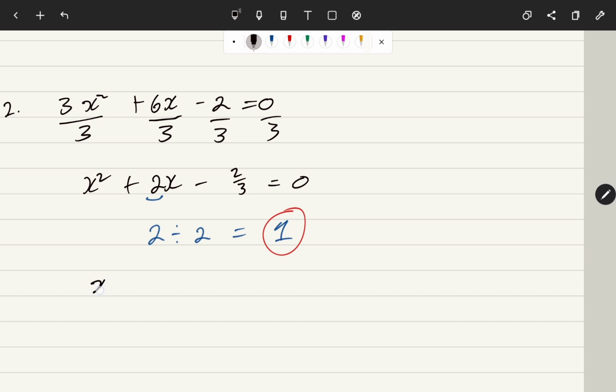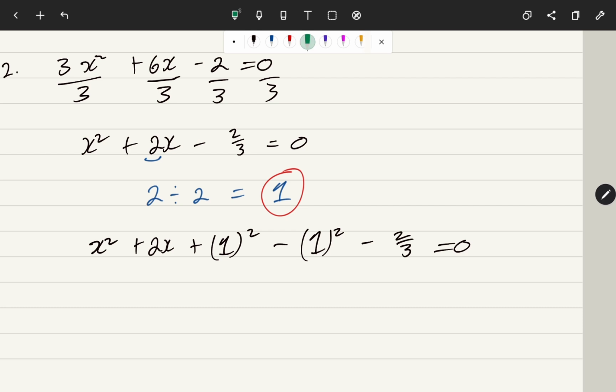I have x squared plus 2x. Now I add 1 squared, and I subtract 1 squared. Then there is minus 2 over 3 equals 0. Of course, I'm going to factorize this, but I don't have to overthink it.